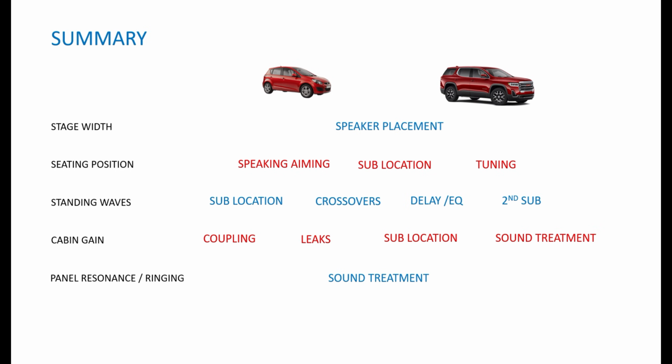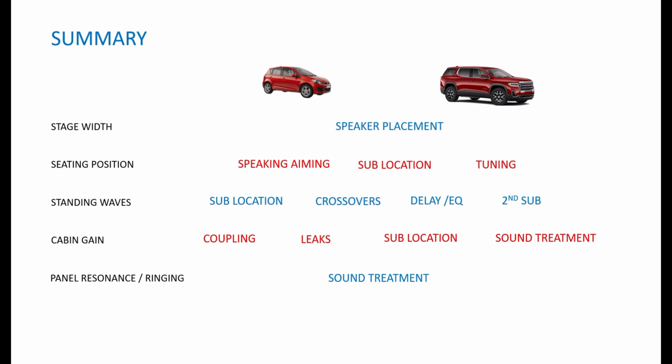So what can you do about all of this stuff? Stage width is, well, you can't do much about the size of your dash, but you can maximize your speaker placement to give you the best width that you possibly can with your particular car and its design.